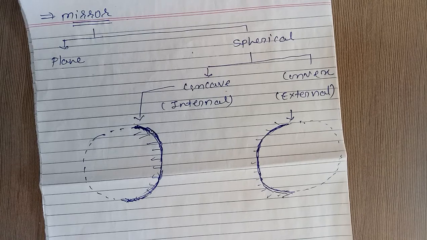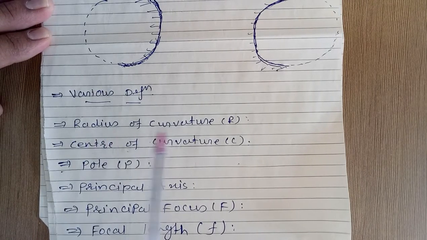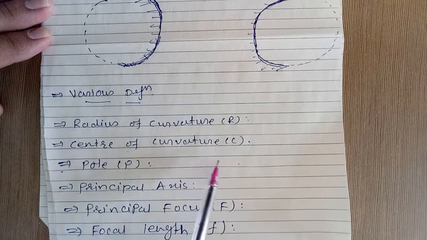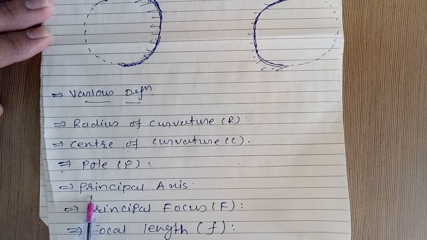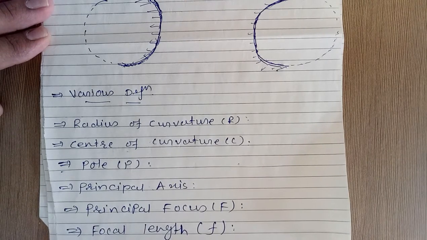Okay. Now we discuss some definitions. These definitions you already studied in your standard 10, but we repeat them: radius of curvature, center of curvature, pole, principal axis, principal focus, and focal length.